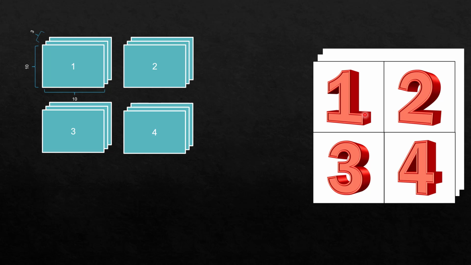The height will be 20, because the height of the first image is 10 and the next image is 10 as well. Similarly, the width will be 20, because the width of image 3 is 10 and image 4 is 10 as well, and the color depth is 3.